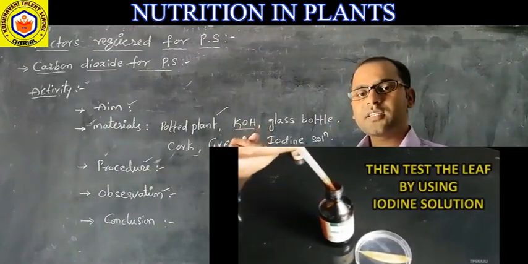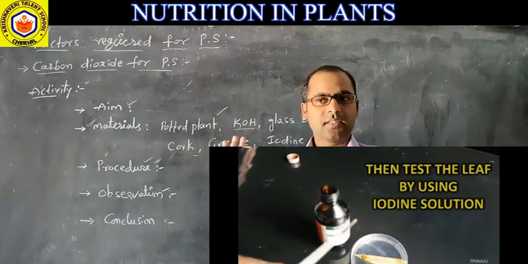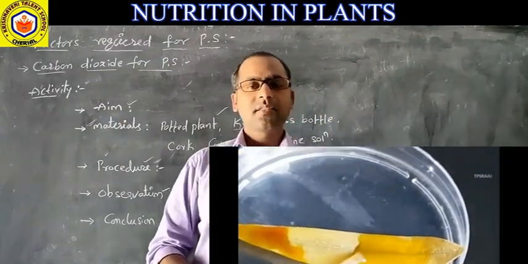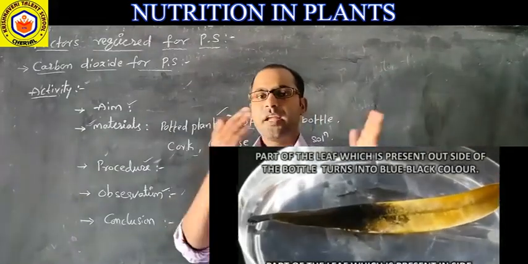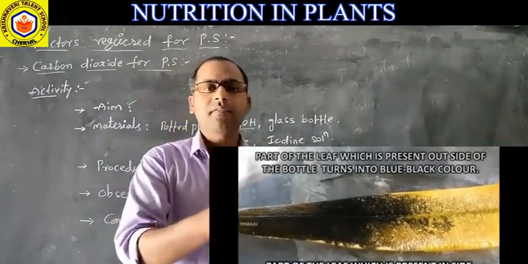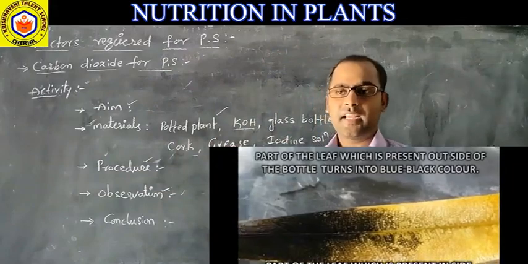The part of the leaf which is present inside the bottle has not turned bluish black, and the part of the leaf which is present outside the bottle has turned bluish black. That means in the part of the leaf inside the bottle, no photosynthesis has taken place. The part of the leaf which is exposed to the atmosphere, photosynthesis has taken place.